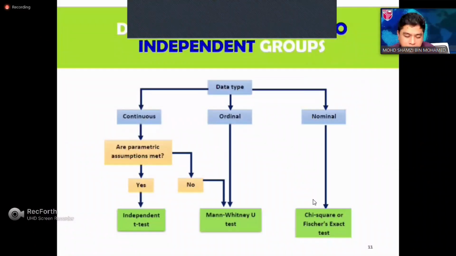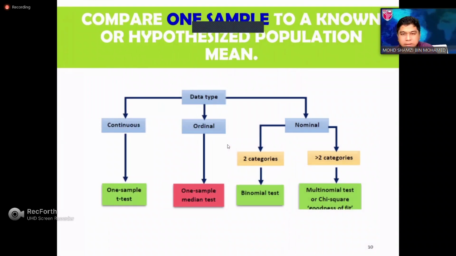Okay, so one sample t-test. If you have a continuous type of data, straight away it is called one sample t-test. But for ordinal, instead of the mean, you have one sample median test.